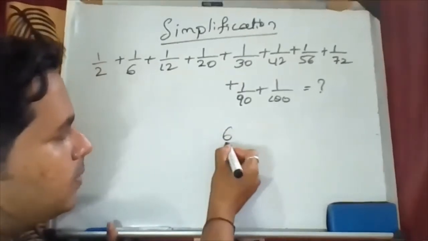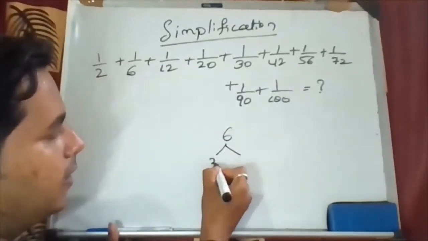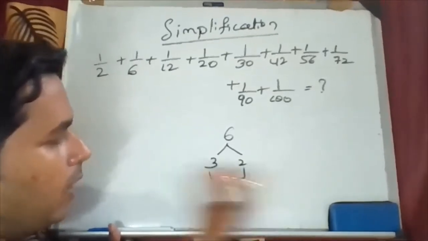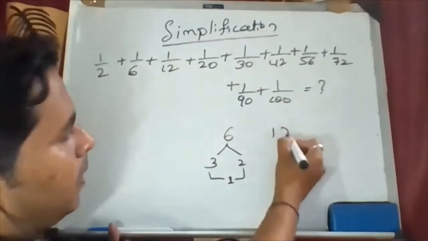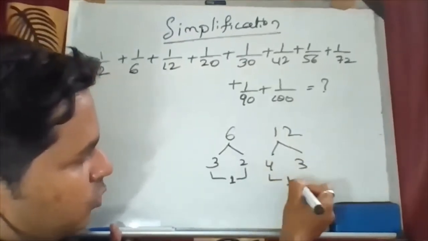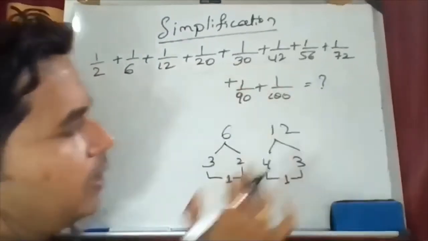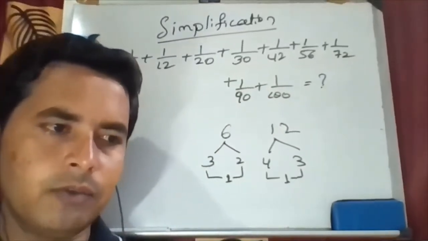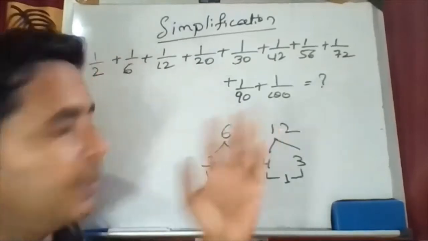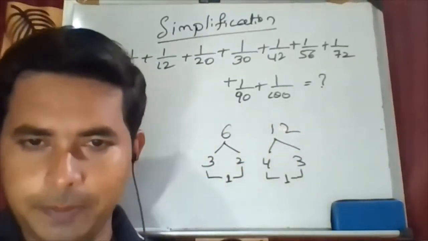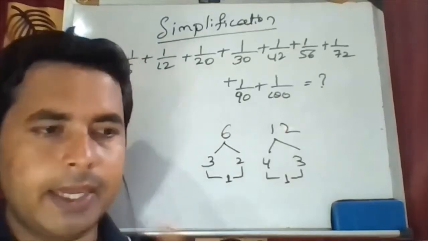The two factors of 6 will be, I can take 3 and 2, and the difference between these two will be 1. And if I take 12, the factors of 12 are 4 into 3, so the difference between these two will be 1. So in this way, find out all the factors. Just check whether the difference of all the factors is one.